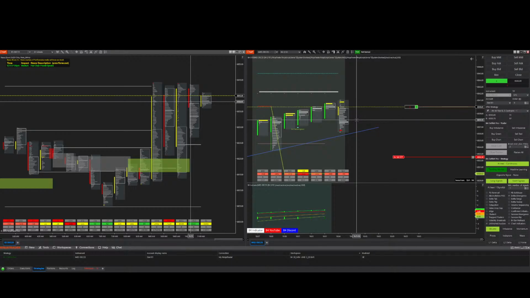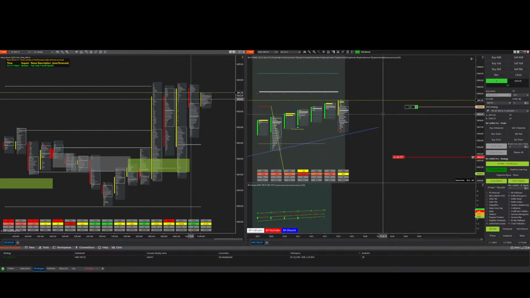Order filled. The potential hard move here to the upside.